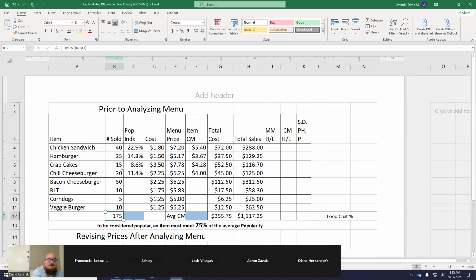We add up all of these and we divide each individual item by our total, 175. So what I would recommend, just so you have this for your notes, is write divided by 175 by each one of these.